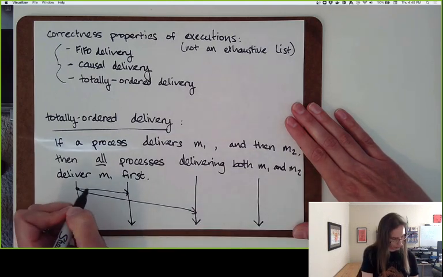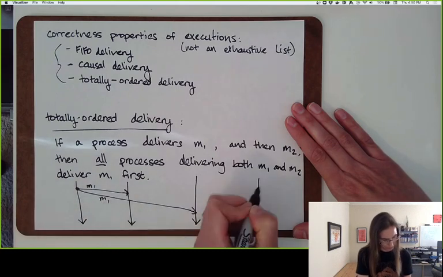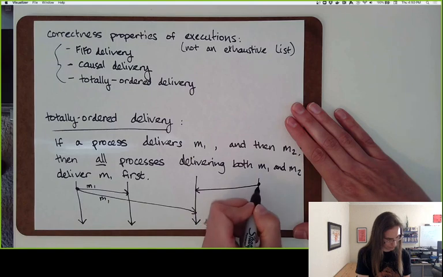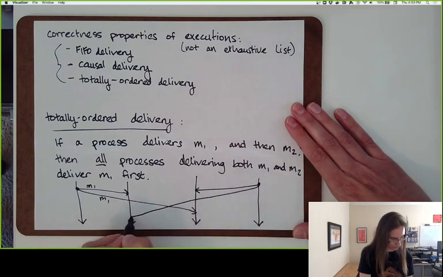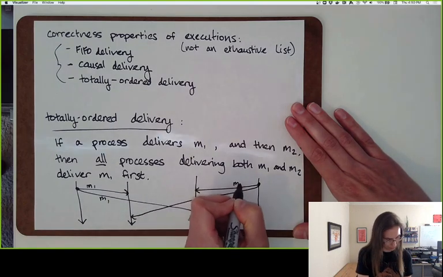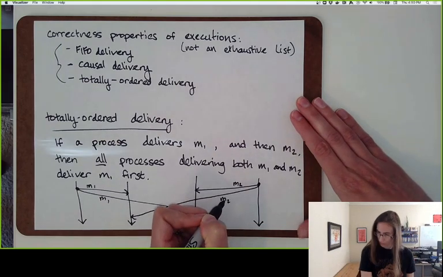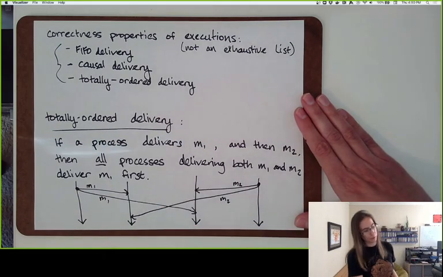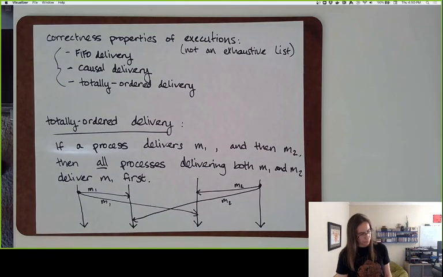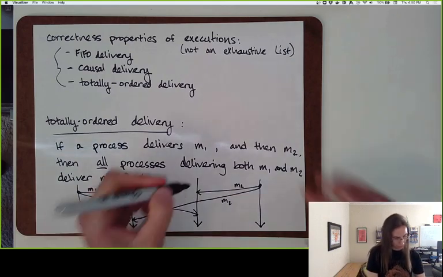We could call this one M1. And let's say that this process sends a message to these 2. We could call it M2. So what's going on here? And let's say that these messages are being delivered.